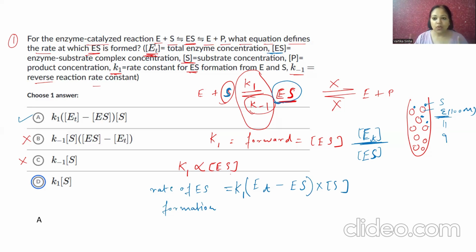So when you subtract ES from the total concentration of the enzyme and multiply by the concentration of S, you will get the rate of formation of ES. It is a very simple question of mathematics.